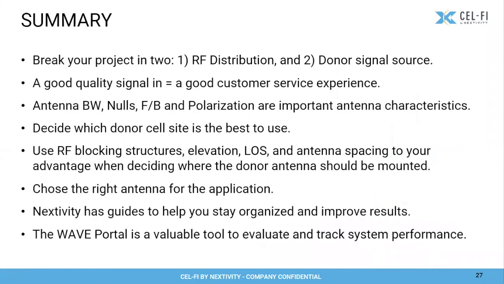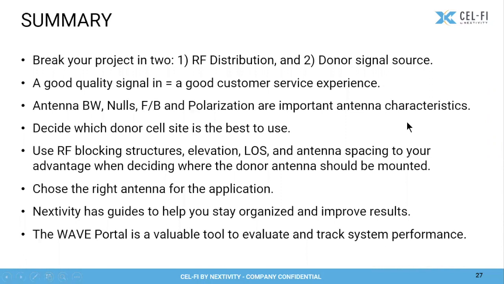Okay, just a quick summary of what we went over today. First, break your project up into two pieces, RF distribution and the donor signal source. RF distribution is easy. Donor signal source, again, is the art of a well-performing system at the end of the day. Make sure you get a good quality signal in, of course.